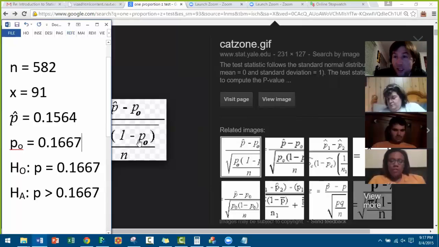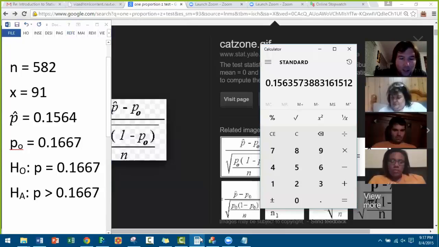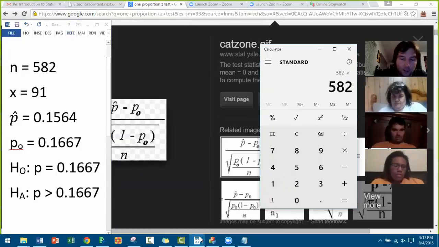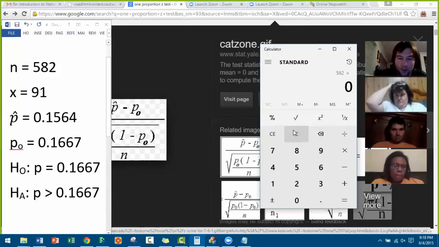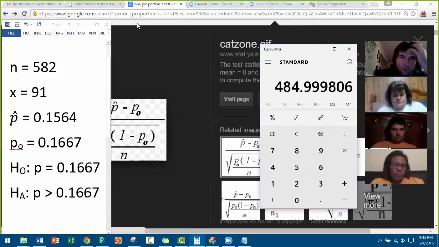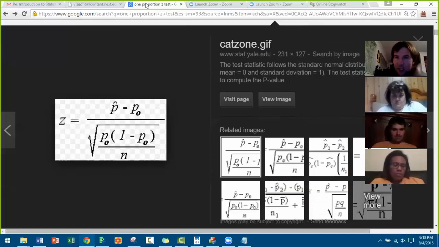So if we were to do the conditions, the success-failure would be based on nP0, and we would definitely pass it. nP0 is 582 times 1/6, and by the complement, nQ0 is fine. So we're good. Let's do the test over here because we checked the conditions out.